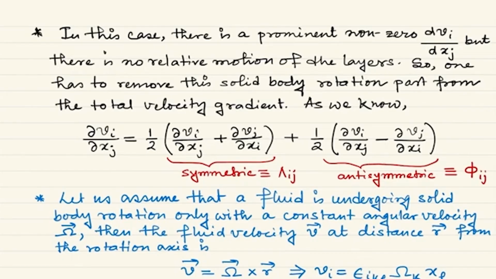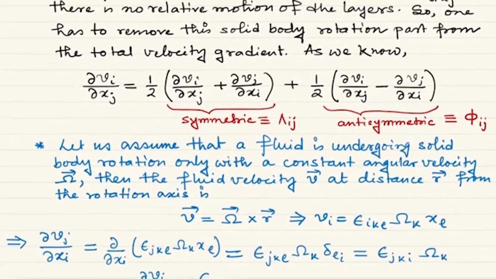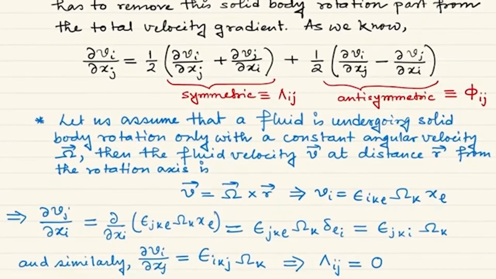This is the antisymmetric tensor of rank 3, and there is a sum over k and l. Now if you do del Vj del xi, then del xi of this whole expression will go there. Here, since it is Vj, I have replaced the i by j.